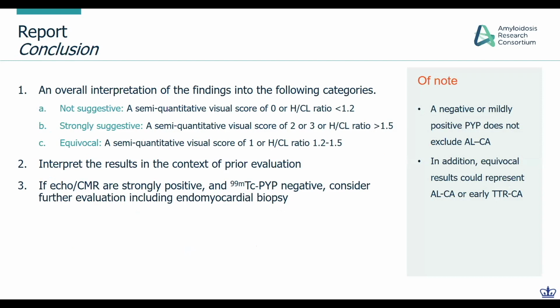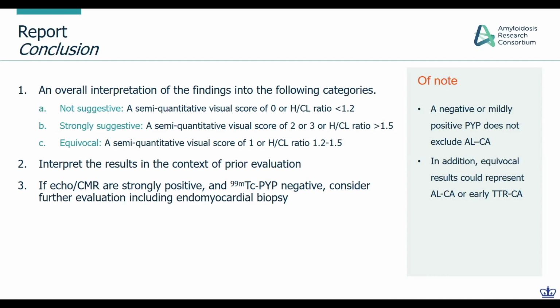If your heart to contralateral ratio is less than 1.2 and visual score is 0, you can say that the scans are not suggestive of TTR cardiac amyloidosis. But if your visual score is 2 or 3 with a heart to contralateral ratio of greater than 1.5, and you know that there is no blood pool in the patient by seeing a negative SPECT for blood pool, you write that the scans are strongly suggestive of TTR cardiac amyloidosis.